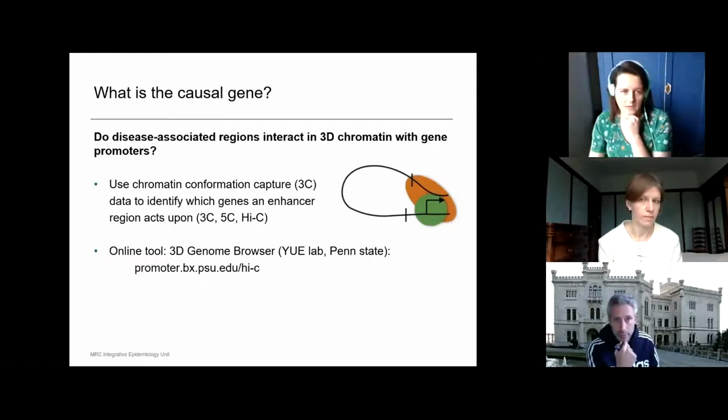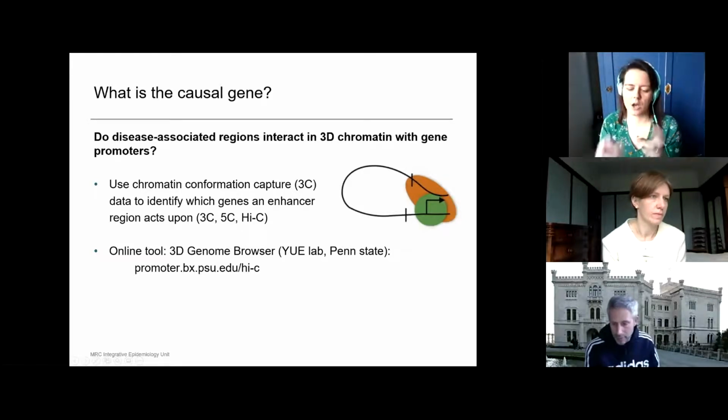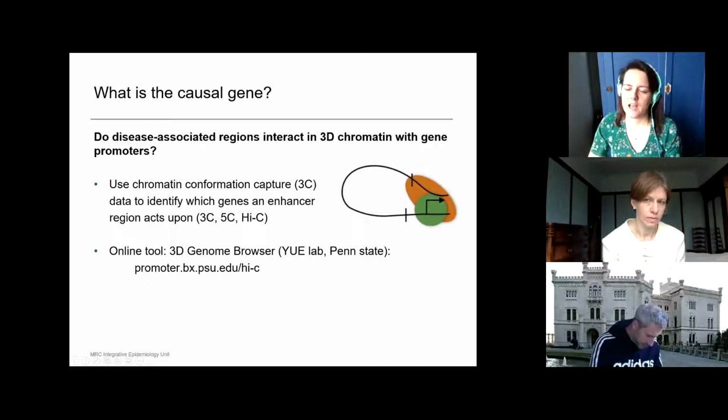So another way of identifying the causal gene in the region is to look at chromatin interactions. You might have a scenario where a functional variant is genomically quite far away from the gene, but because of the way that the chromatin folds up and transcription factors might bring two bits of the genome together in 3D space, this variant here is actually very close to this gene and likely to have an enhancer type relationship with it.